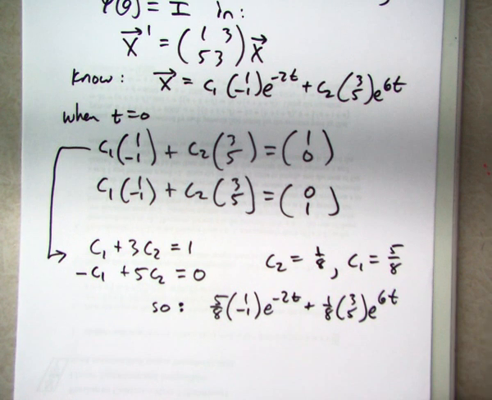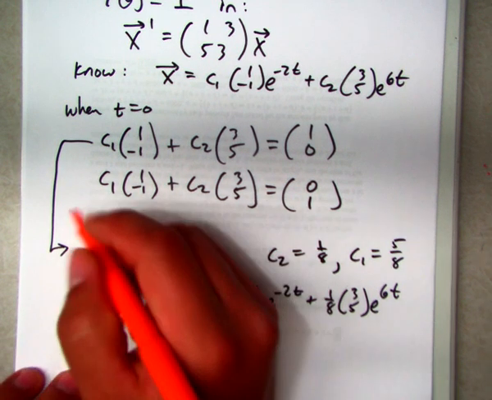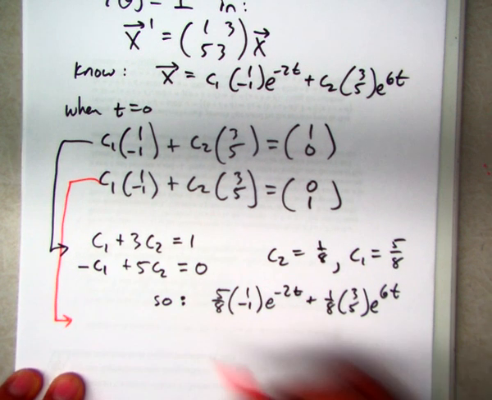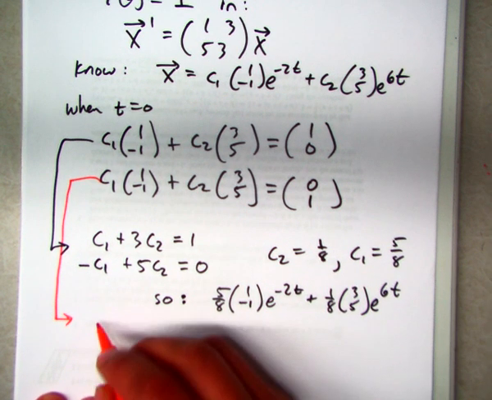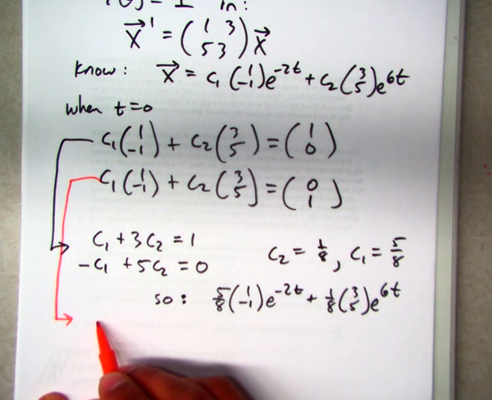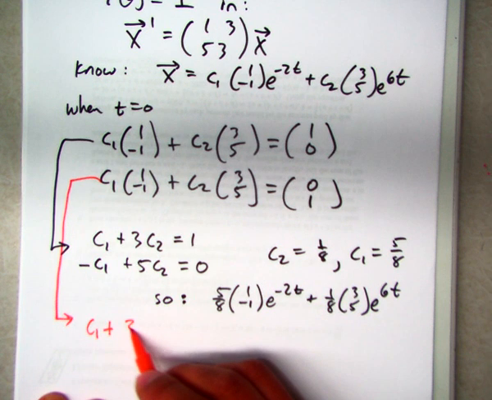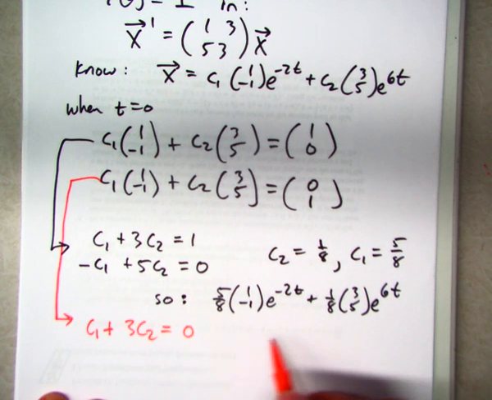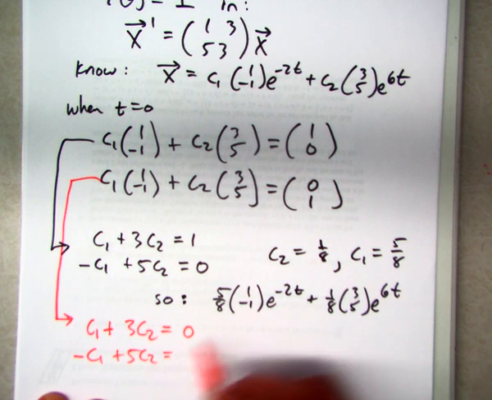Now we repeat the process, looking at the second set, which gives us the 0, 1 column. Here we get what 2 equations? C1 plus 3C2 has to equal 0, minus C1 plus 5C2 has to equal 1.